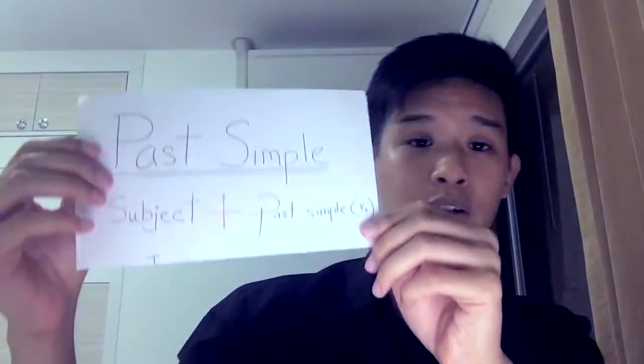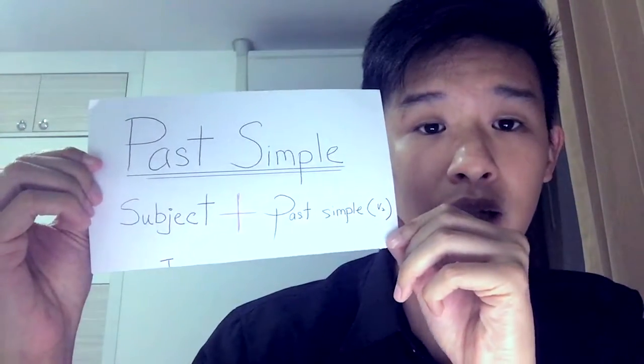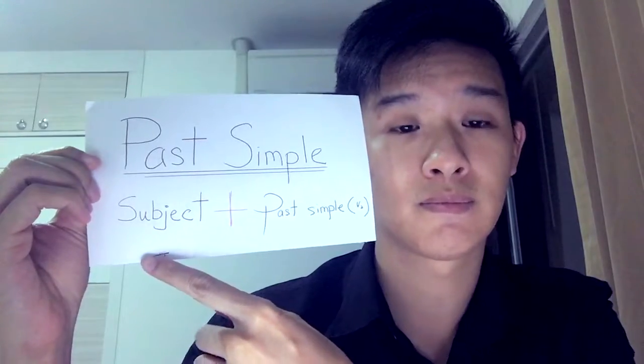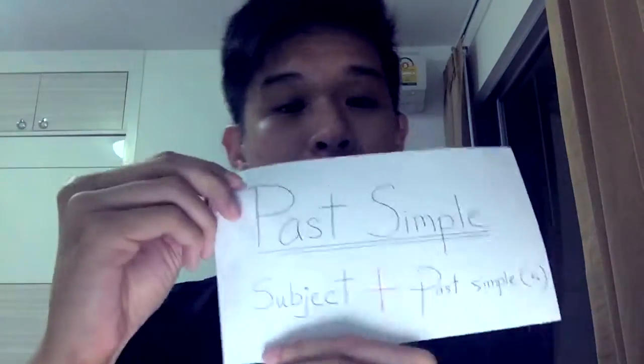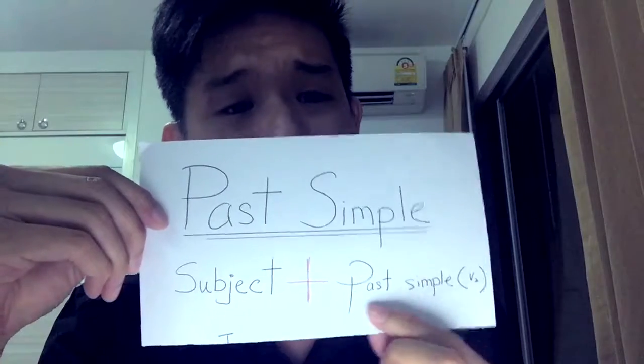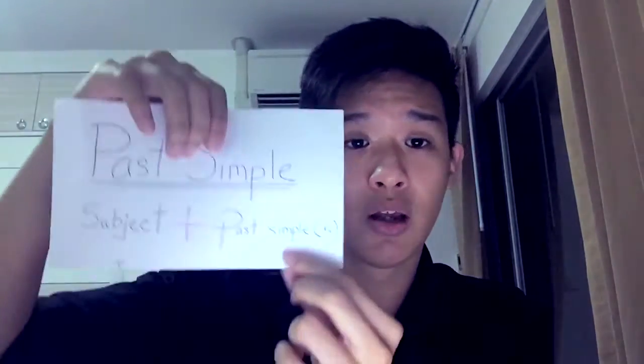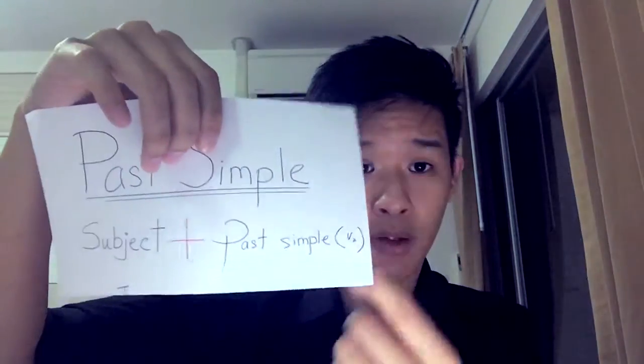Now, let's recap the formulation of past simple. You have your subject. What is a subject? I, you, they, we, he, she, it. Those are subjects. Now you have subject plus your past simple, which in this case uses verb 2.